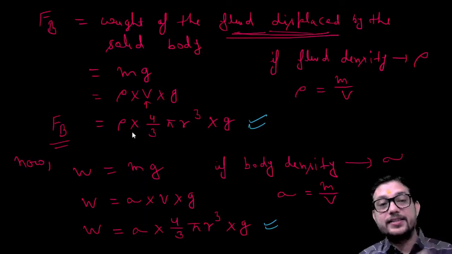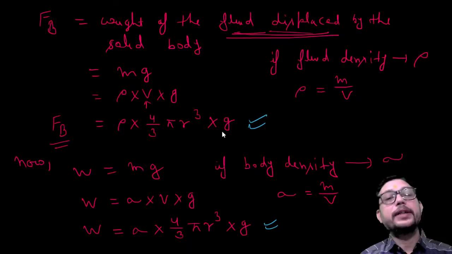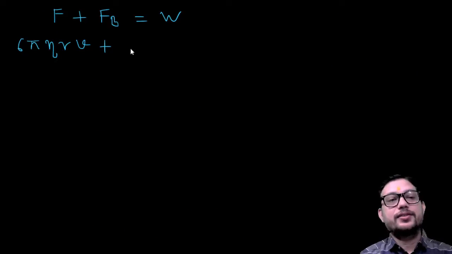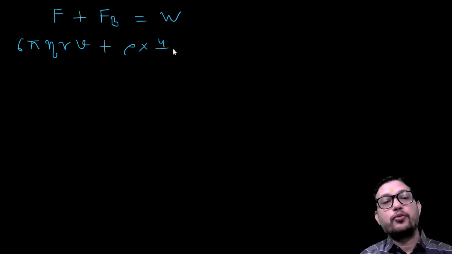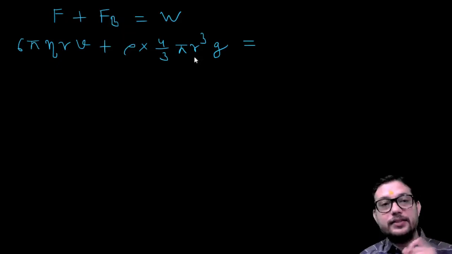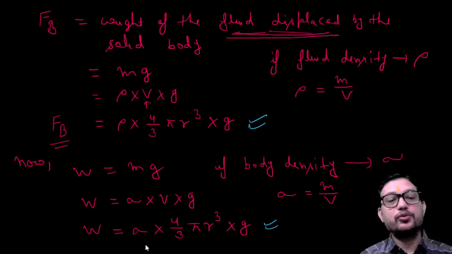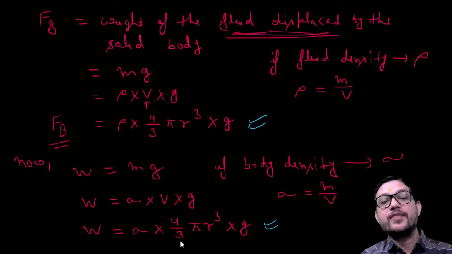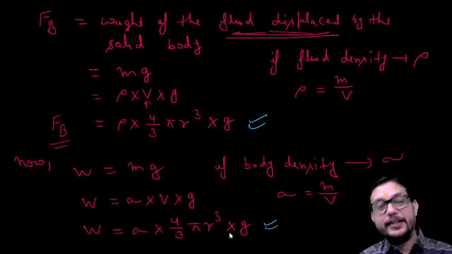Fb is rho times 4 by 3 pi r cube into g, and capital W is your sigma times 4 by 3 pi r cube into g.